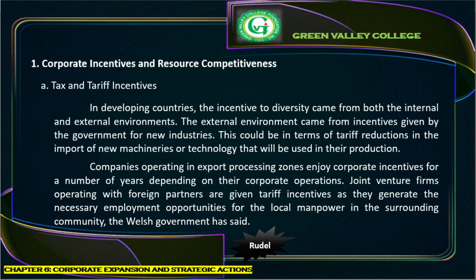This could be in terms of tariff reductions in the import of new machineries or technology that will be used in their production. Companies operating in export processing zones enjoy corporate incentives for a number of years depending on their corporate operations. Joint venture firms operating with foreign partners are given tariff incentives as they generate the necessary employment opportunities to the local manpower in the surrounding community.